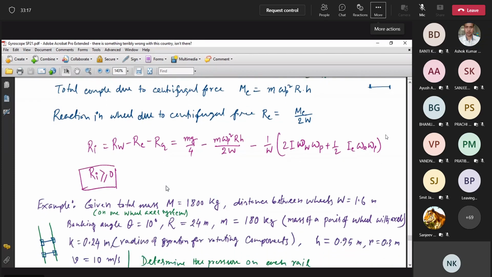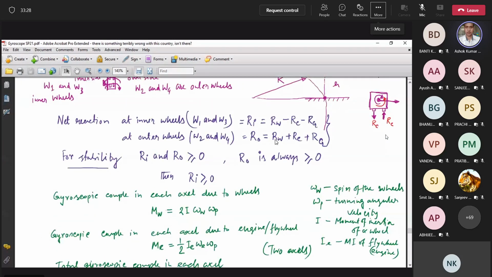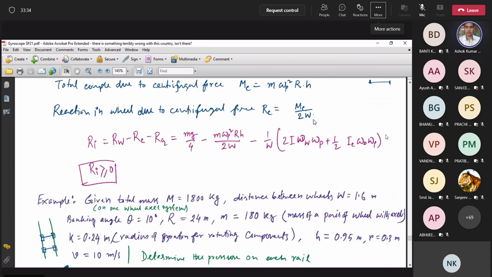Yes, sir. So now we write the expression for the reaction in the inner wheels. If you remember, the expression is Rw minus Rc minus Rg. That's what we have written here, Rw minus Rc minus Rg. So what is Rw? Mg by 4.